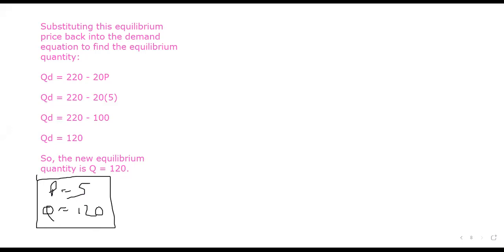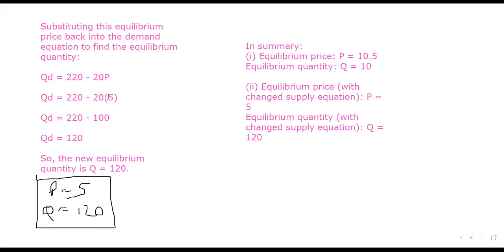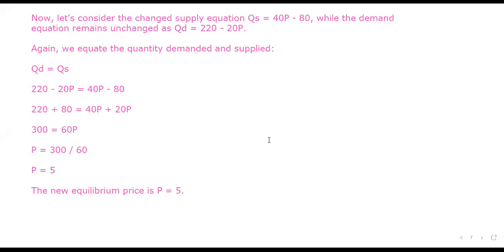Sorry, Collins. Sorry to stop you. How did you get the 120? We're getting the 5. Where are we getting the 5 from? Sorry, not the 120, but the 5. We have been given a new supply function here. So supply is a new one.